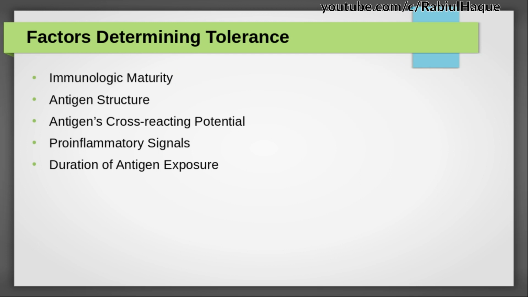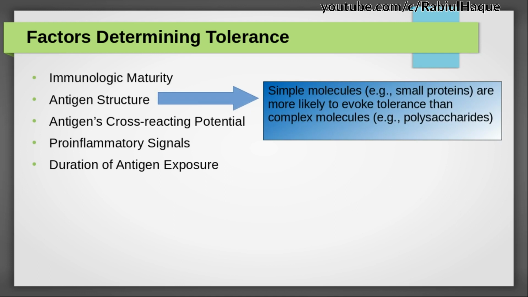Regarding antigen structure, always remember that simple molecules, for example, small proteins, are more likely to evoke or initiate tolerance compared to complex molecules like polysaccharides.